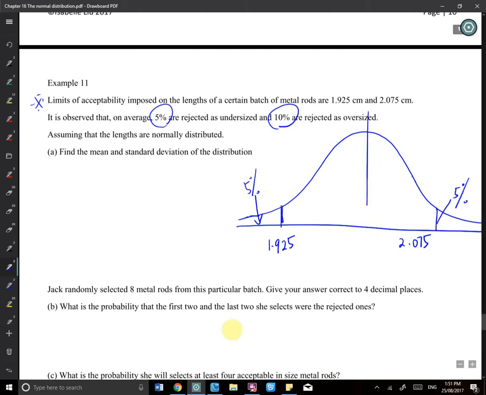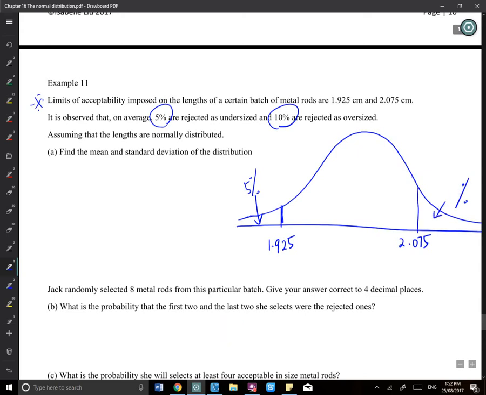Symmetrical, and then I can find the mu directly. Add them, divide by 2, and I will directly have the mu if the area is symmetrical. But it's not symmetrical, so it's not given directly. I need to work out both mu and standard deviation, and that's the hard part. If the two areas are the same on each side, then it's easy to do. It's not symmetrical here, very unlucky.